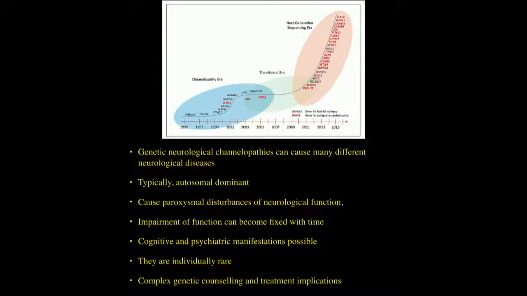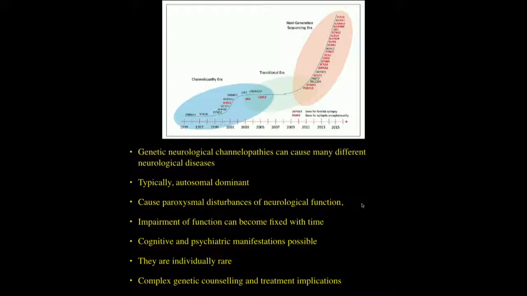So to conclude, certainly I could not deal with all the ion channels, which you have seen in the several slides, because there are hundreds of them. But we can say that in addition to the fact that the neurological channelopathies cause many different neurological diseases, these tend to be usually autosomal dominant, even if in the most severe expressions they are only seen in sporadic patients.